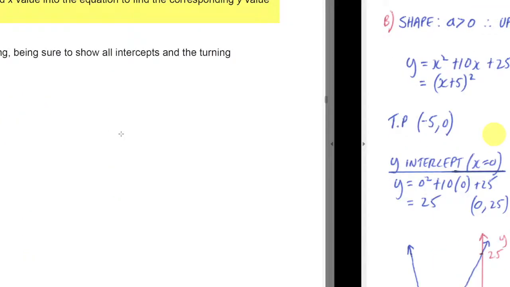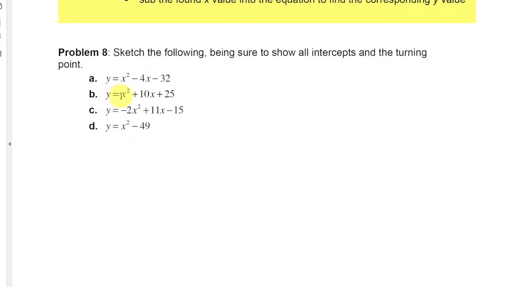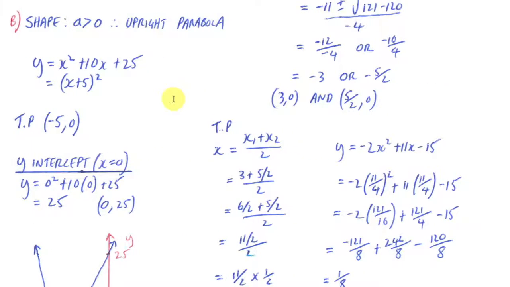Looking at B. So B, y equals x squared plus 10x plus 25. Here's my equation. We know it's an upright parabola. I'm able to move that into turning point form really easily because I can recognize that it's already that perfect square. So the turning point occurs at negative 5, 0.